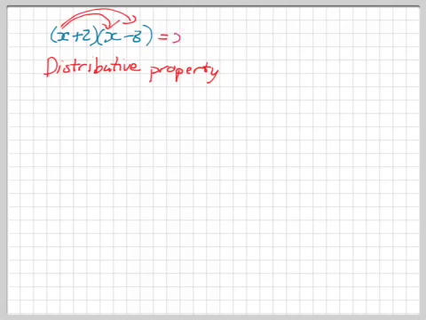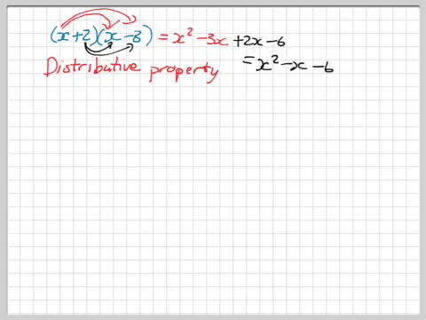So x times x gives me x squared. x times minus 3 gives me negative 3x. If I now go to the 2 and I distribute the plus 2 into the brackets, then I'm going to have plus 2x and then minus 6. If I add the like terms, it is going to give me x squared minus x minus 6. Now that is what we call multiplying out or product.